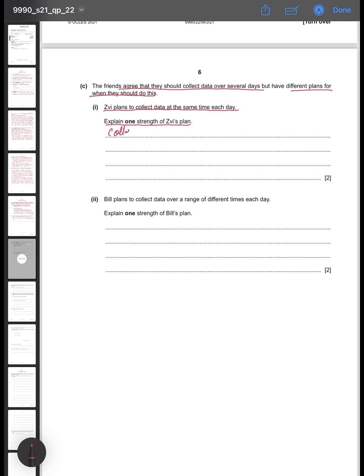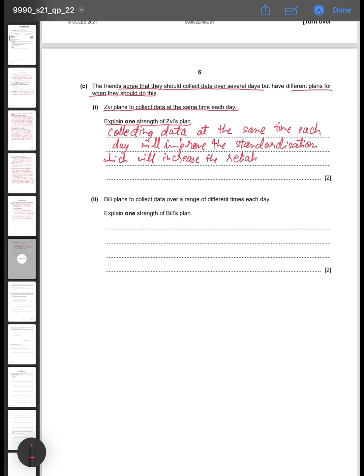It can be because collecting data at the same time each day will increase the reliability of the study because other variables that could affect frustration can be constant.